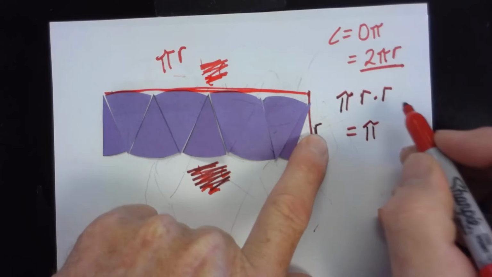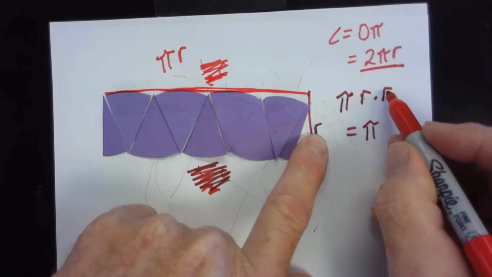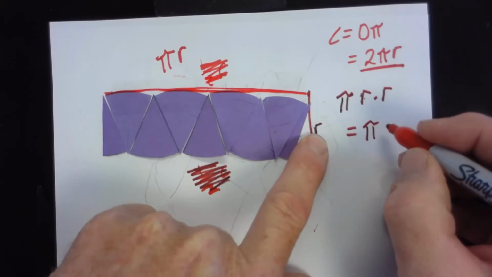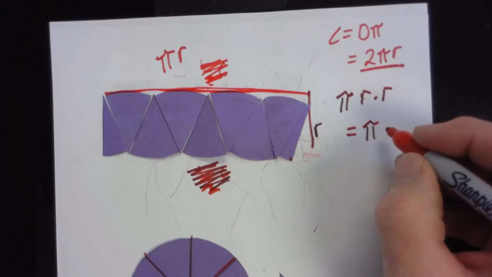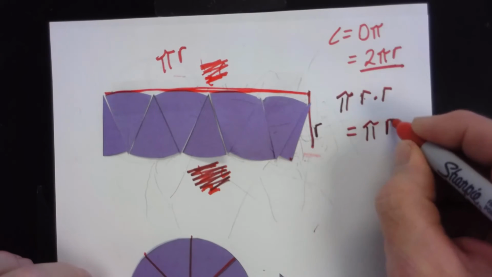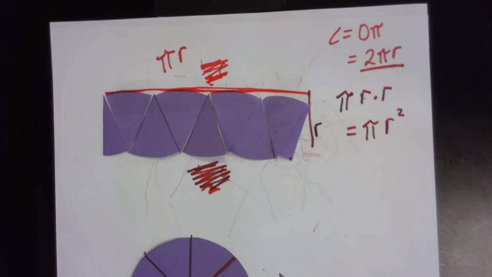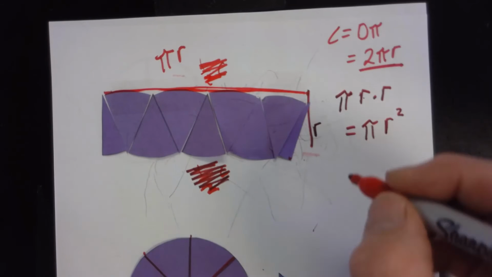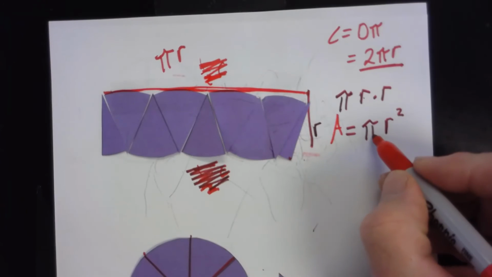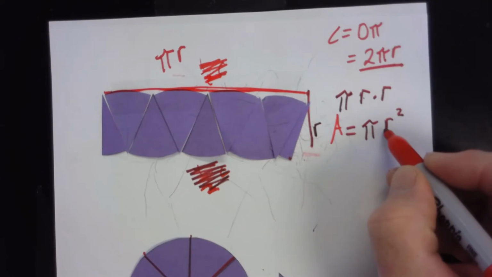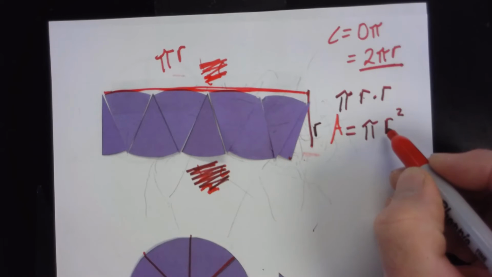Now wait, I think you know what r times r is. No, r plus r is the diameter. What's r times r? R squared. So the area of a circle is pi times r times r. Pi r squared.